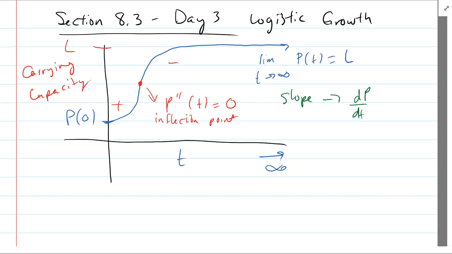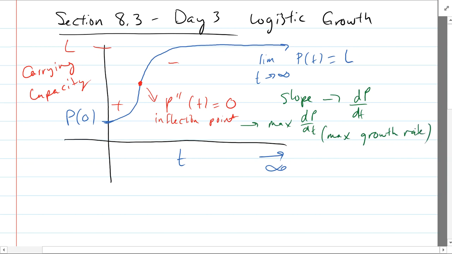Does that mean that's the maximum rate? Does everyone see that? The slope was increasing and then my slope was decreasing. So at that inflection point, it means that is the max dP/dt, or the other way of looking at it is it's the max growth rate, because my second derivative is equal to 0.